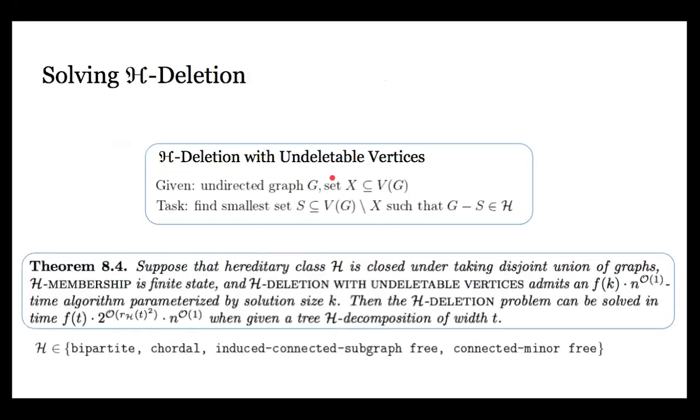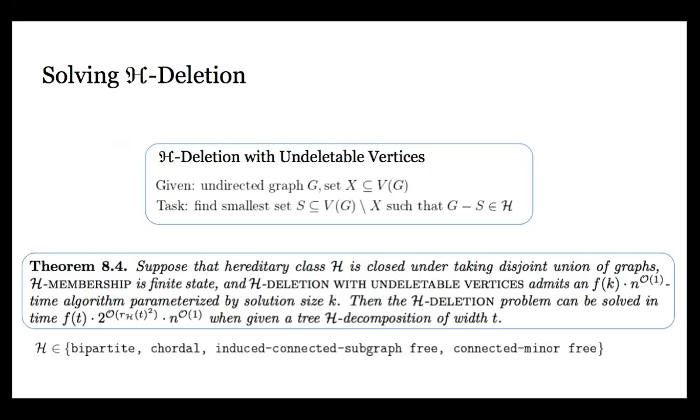All right, so with this, I'm ready to formulate the second meta theorem, which says that whenever hereditary class H is closed under taking disjoint union of graphs, H membership is finite state, and this problem, H deletion with undeletable vertices, is FPT parameterized by the solution size, then we can solve H deletion in such a running time when given a treedepth-H decomposition of width t.